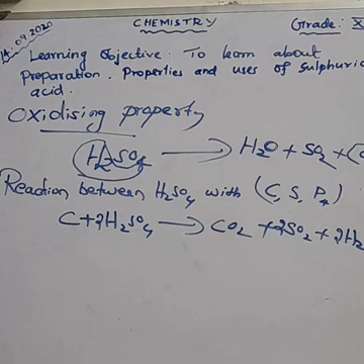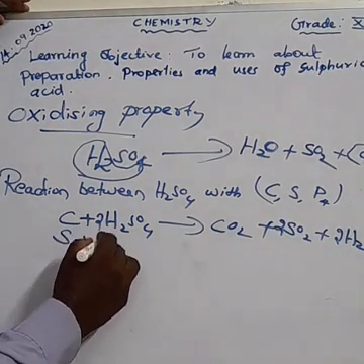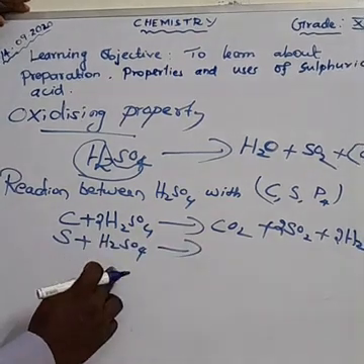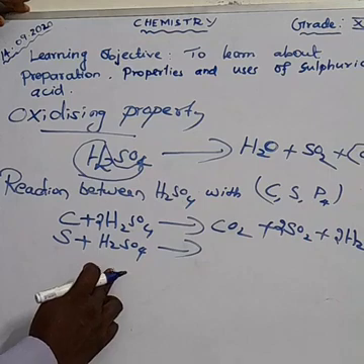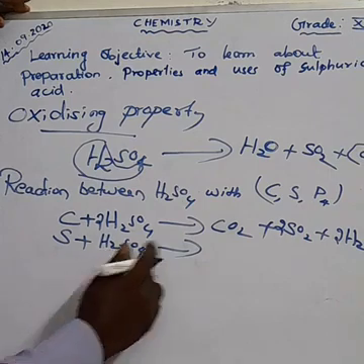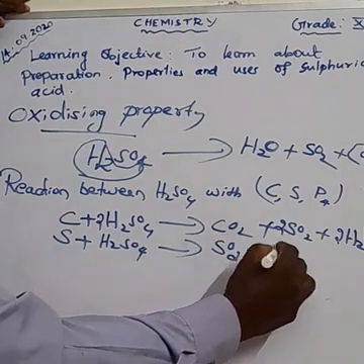Next, sulfur reacts with sulfuric acid. Here also we get sulfur dioxide and water. Sulfur dioxide formula is SO2 plus H2O.